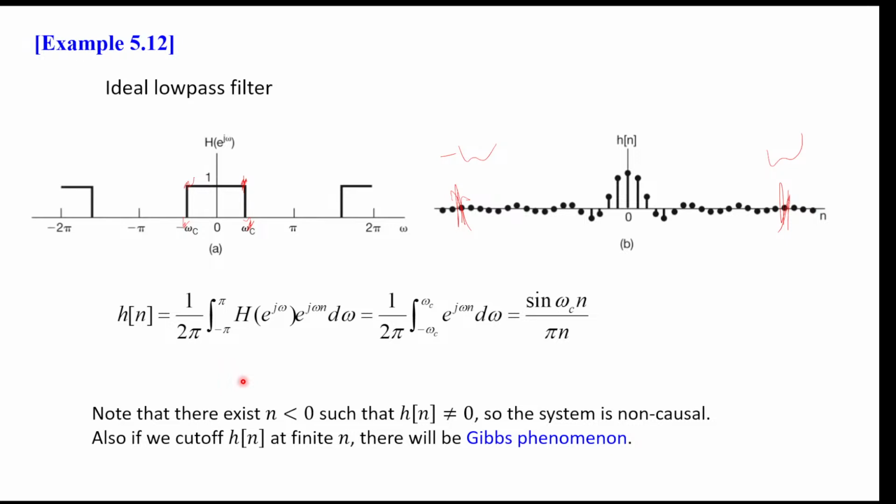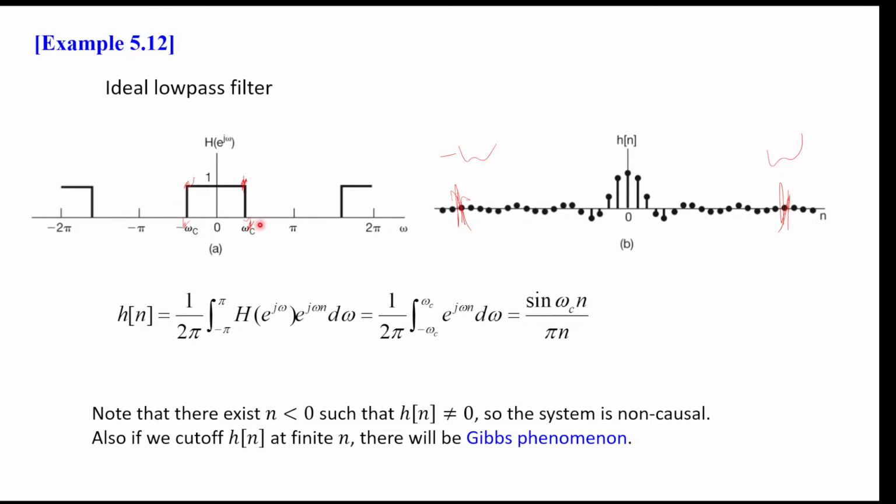And then we have a next example. I guess this example we also see a similar thing in chapter 4. So we now can describe the time domain signal of the ideal low-pass filter.